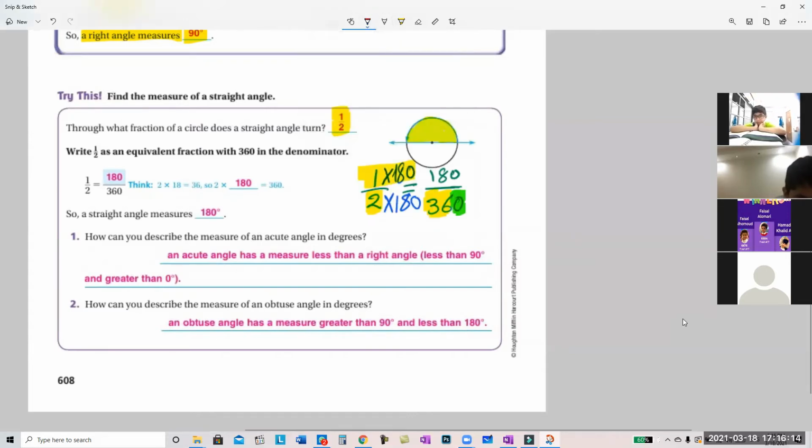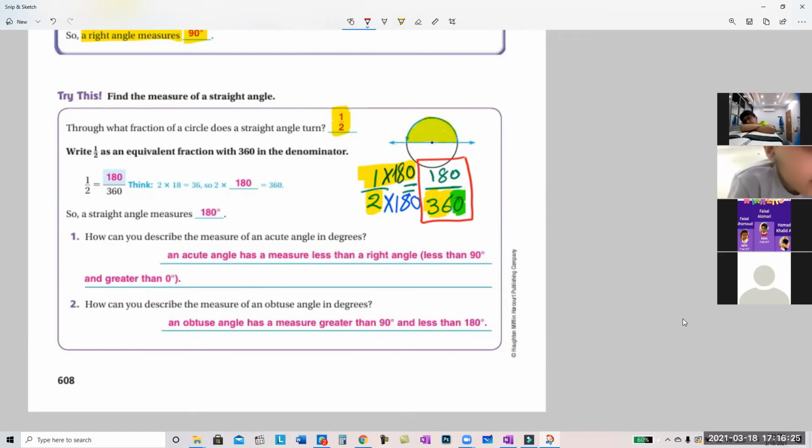Now, as you see, we have this fraction. So we have an equivalent fraction with denominator 360. Now we can convert it into degrees because we have the denominator 360.